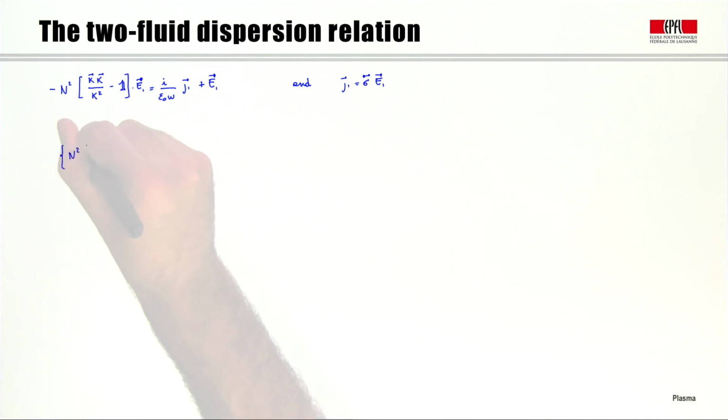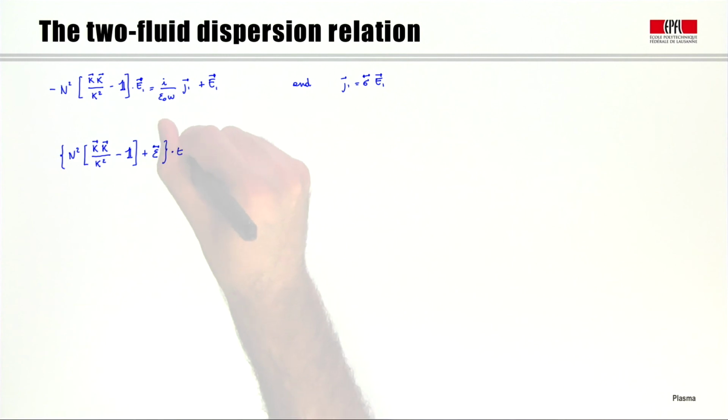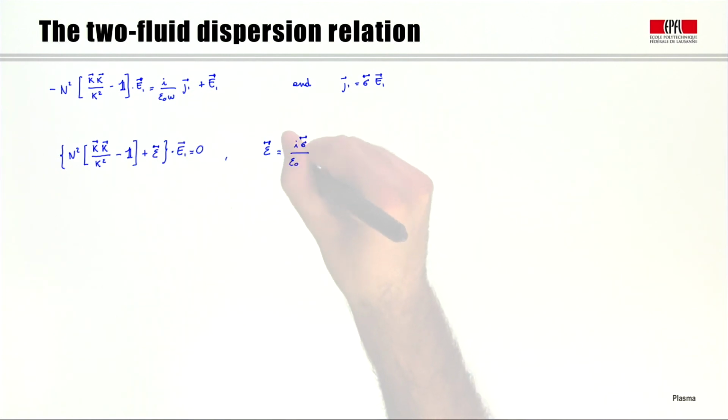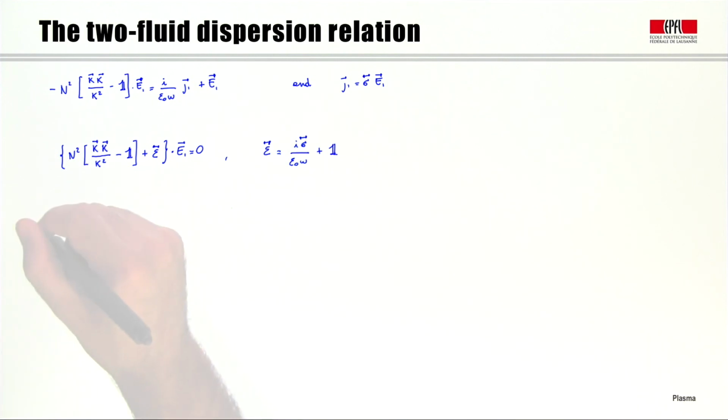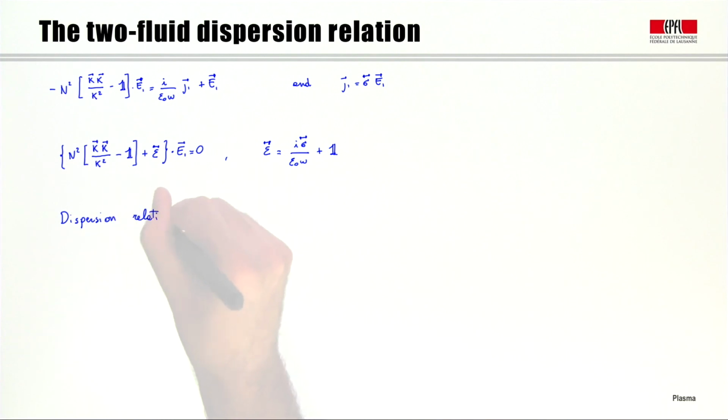where we have introduced the epsilon tensor, which will take into account the contribution from the conductivity, and this term here. And now we have all the elements to write down the equation for the dispersion relation of the two-fluid model.